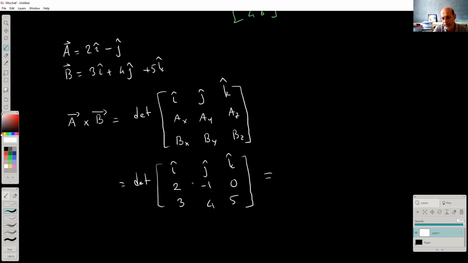If I expand around the first column, I is multiplied with the determinant of this 2 by 2 block, which is -5.